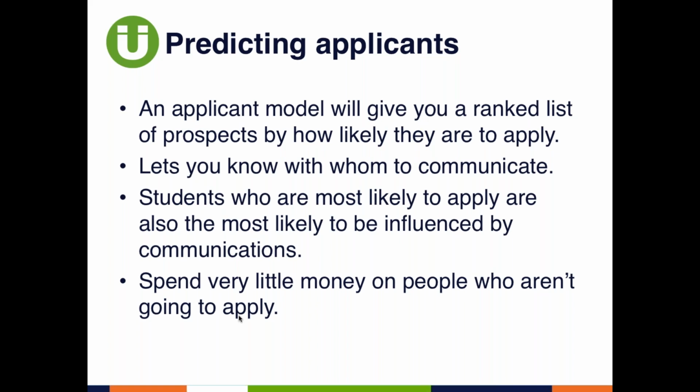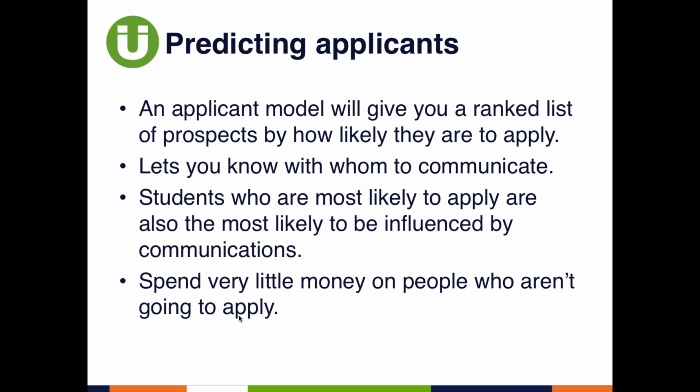We found in our research that the students most likely to apply, based on our models, are also the ones most likely to be influenced by communication. So it's not just that they were going to apply anyway. They are receptive to your brand and are likely to be engaged in what you're offering.